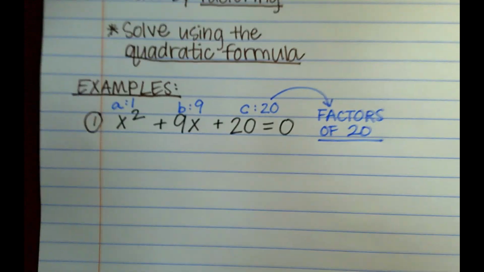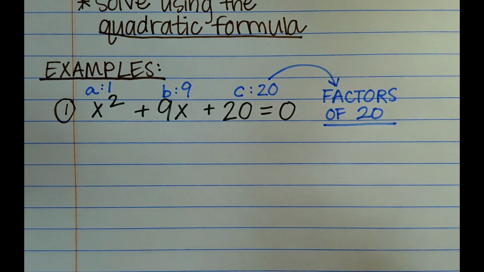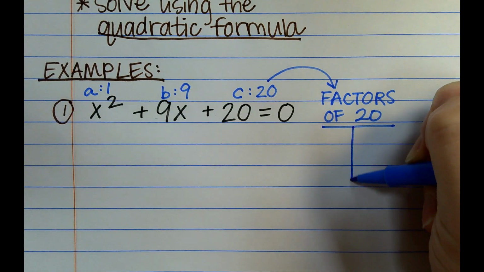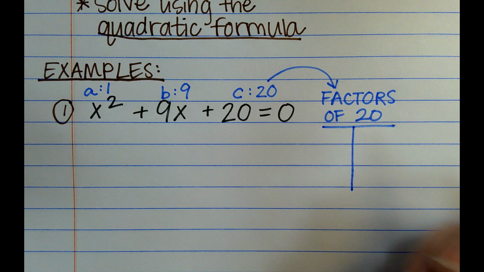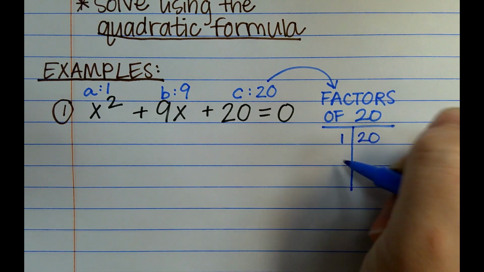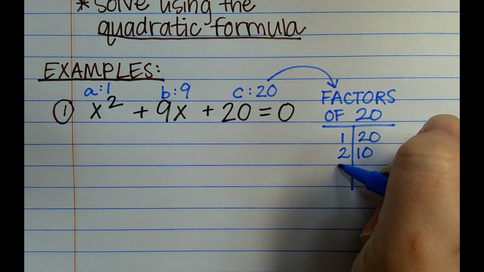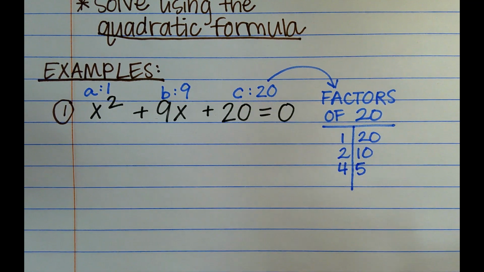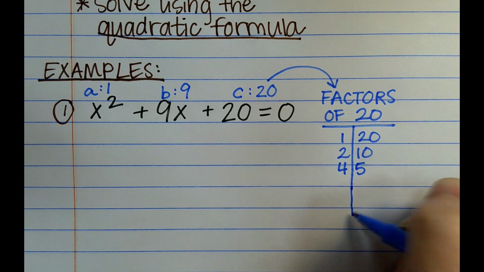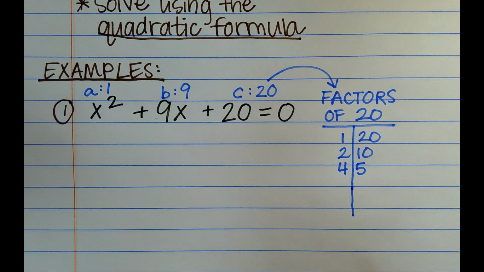So, let's think about it. What are some factors of 20? 1 and 20. 2 and 10. Good. 4 and 5. And if we wanted to, we could reverse those. 5 and 4, 10 and 2, 20 and 1.